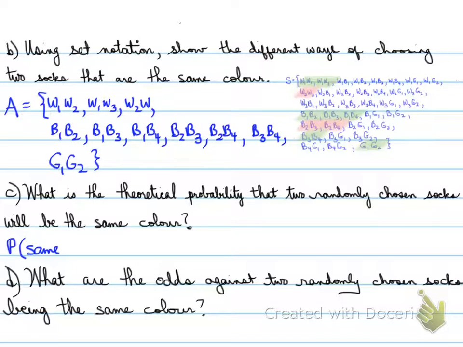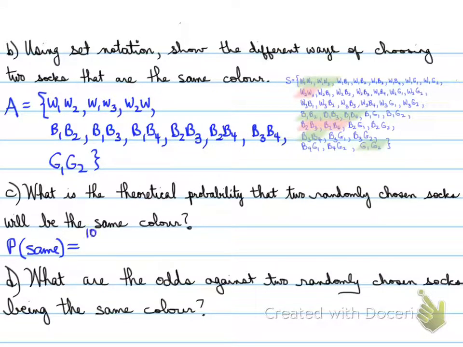Now, the next part is, what is the theoretical probability that the 2 randomly chosen socks will be the same color? Well, what we need to do is calculate that by saying, all right, I need the probability of the same is equal to the number of A possibilities. And if we look here, there's 1, 2, 3, 4, 5, 6, 7, 8, 9, 10.